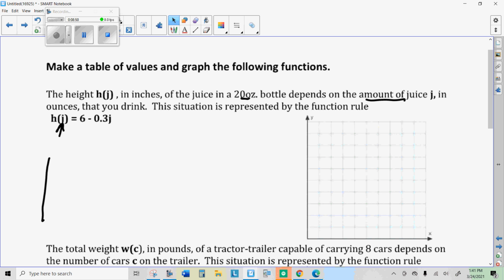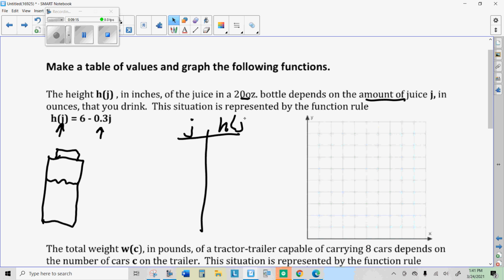So you have some bottle here, right, of juice, and this height of this juice, every time you drink an ounce, the height decreases by 0.3 inches. All right, so what we're going to do is make a table of values for this, and we're going to use J as our input, and then our output is the height function rule, h of j.